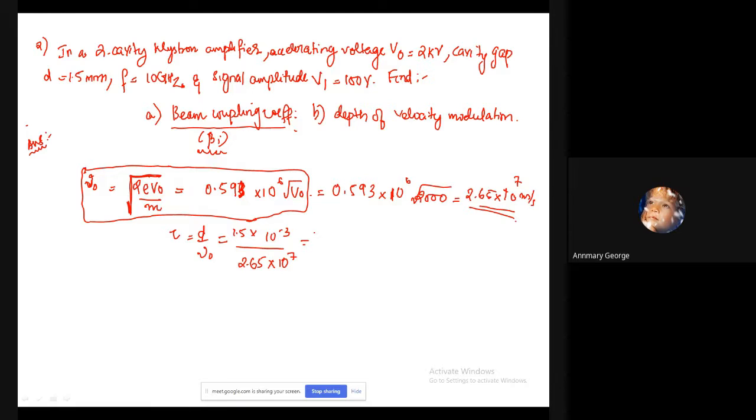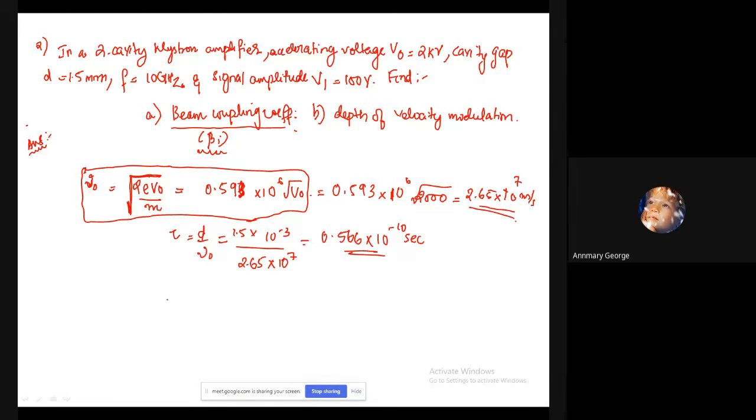Calculate it and please write it in your chat. In seconds, what is the value of tau? 0.566 into 10 raised to minus 10 seconds.